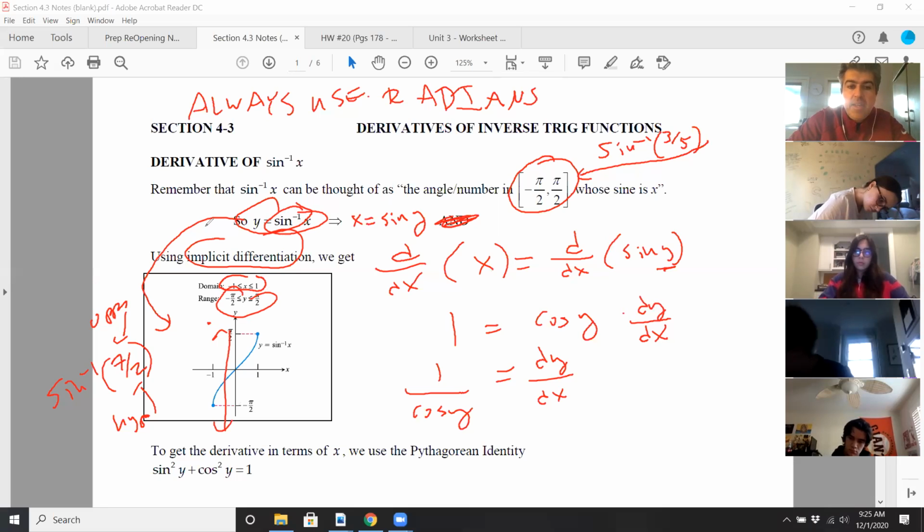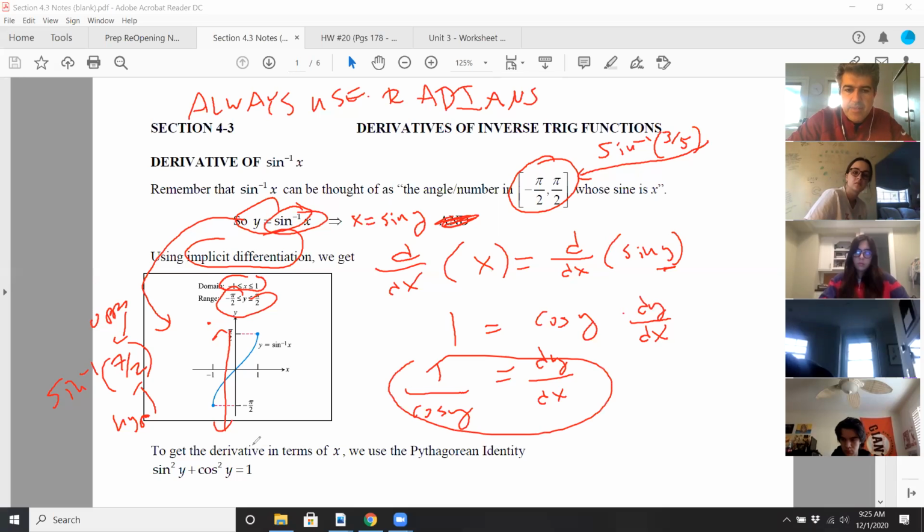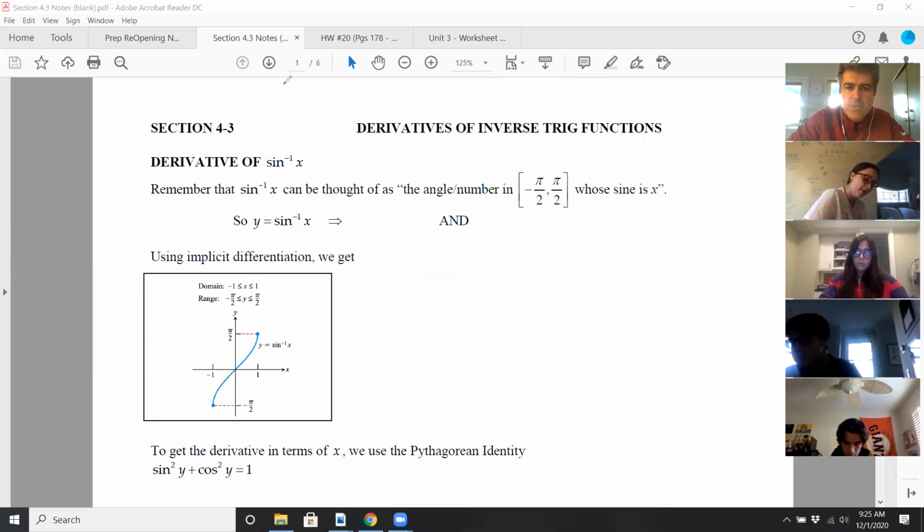Now, great. dy over dx is 1 over cosine y. Awesome. Well, here's what we should do, because we still want this in terms of x. So I'm going to clear my drawings and scroll down.